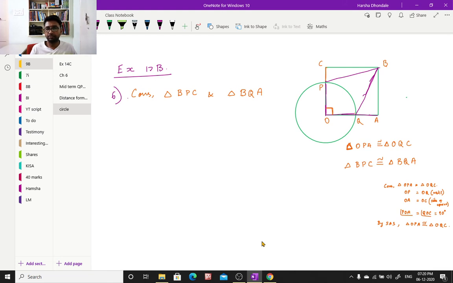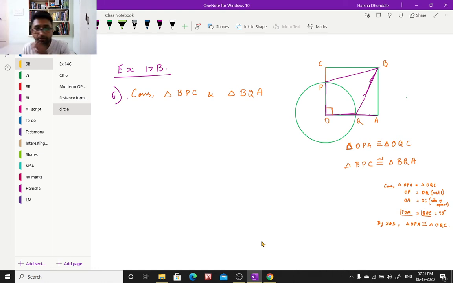I can show that. After that, what else can I do? BC is equal to BA, sides of the square, that I can do. Angle 90 degrees I can show, and then CP is equal to AQ. How can I show that?